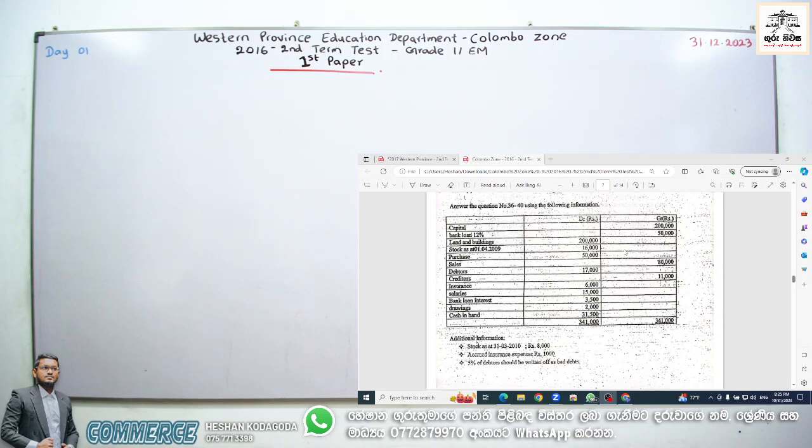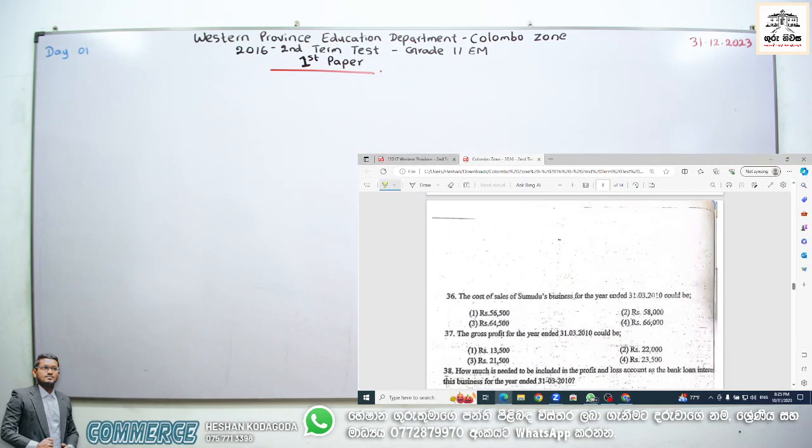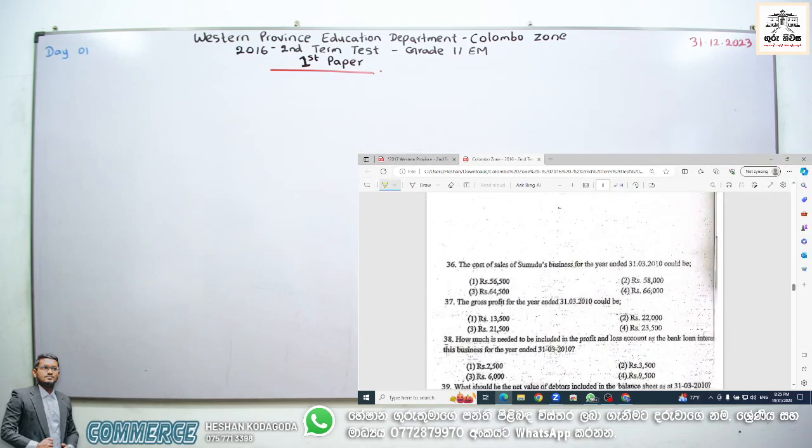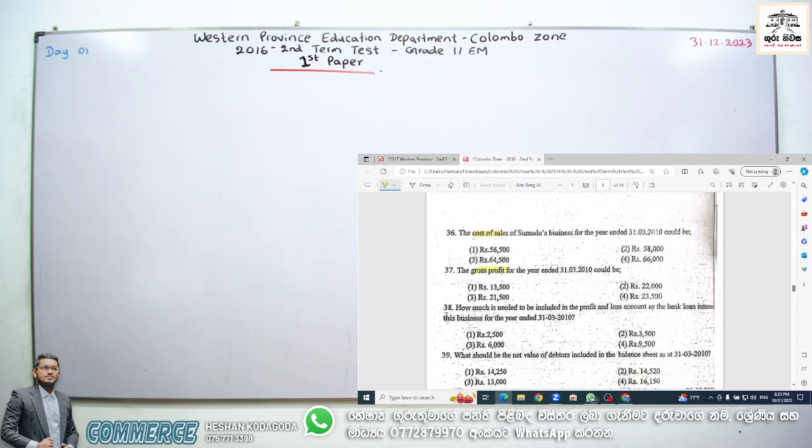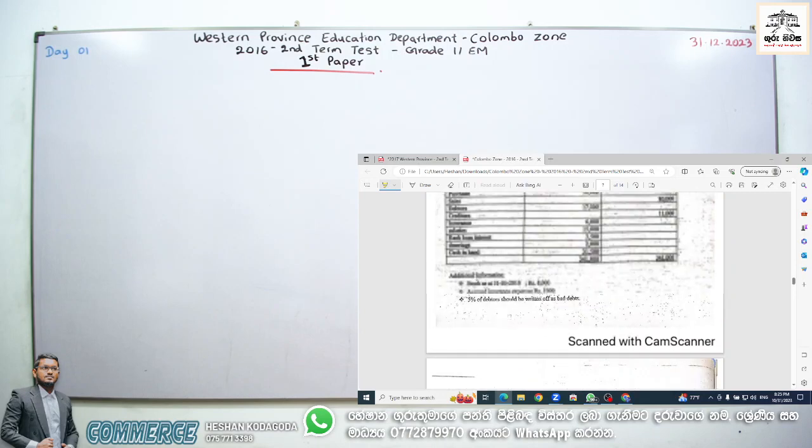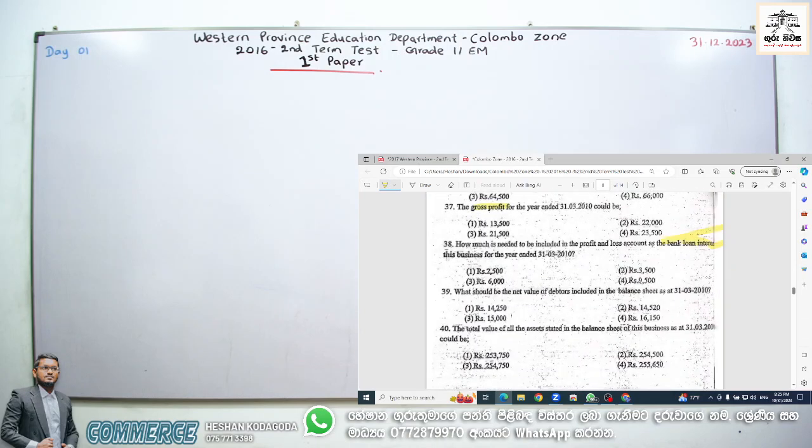First of all, as I told you, we need to identify the requirements. Then we need to draw the structure and customize it: cost of sales, gross profit, how much is needed to be included in the profit or loss account as the bank loan interest of this business for the year ended 31st March 2010.